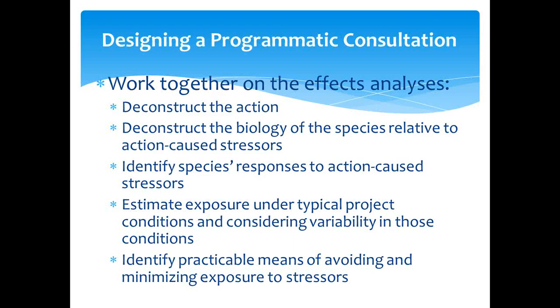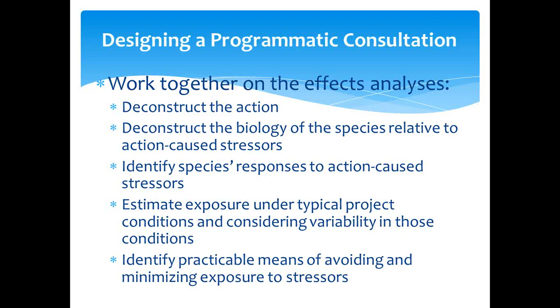We have done this, and I'm sorry, Brian has already left, but we have just finished or are about to sign a programmatic consultation with Federal Highways on two listed species of bats whose range covers about a third of the country.